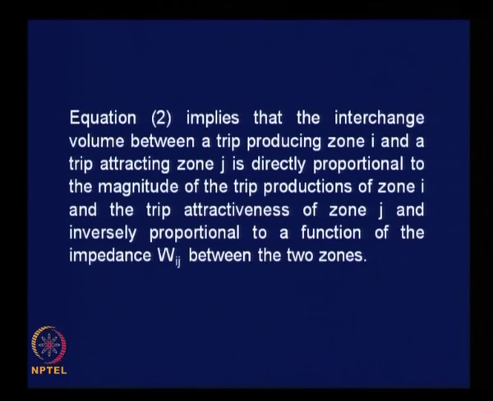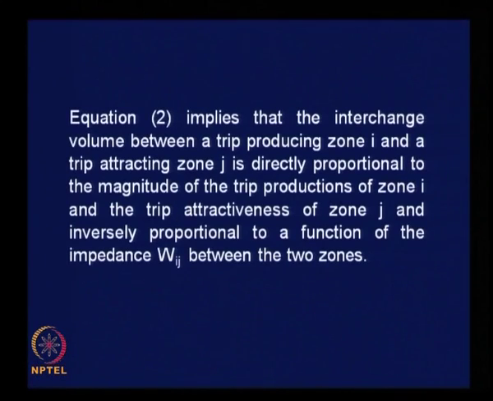The actual magnitude of the trip productions of zone I and the magnitude of the trip attractiveness of zone J, and inversely proportional to a function of the impedance Wij between the 2 zones in any zonal pair. Clear? That is the meaning of the previous equation.